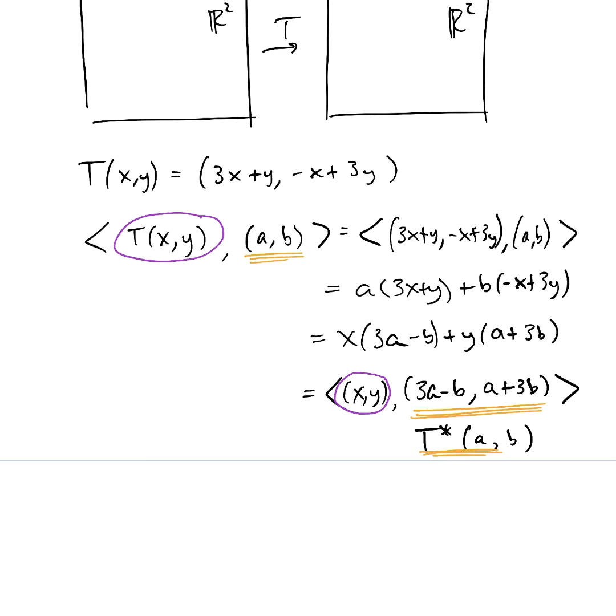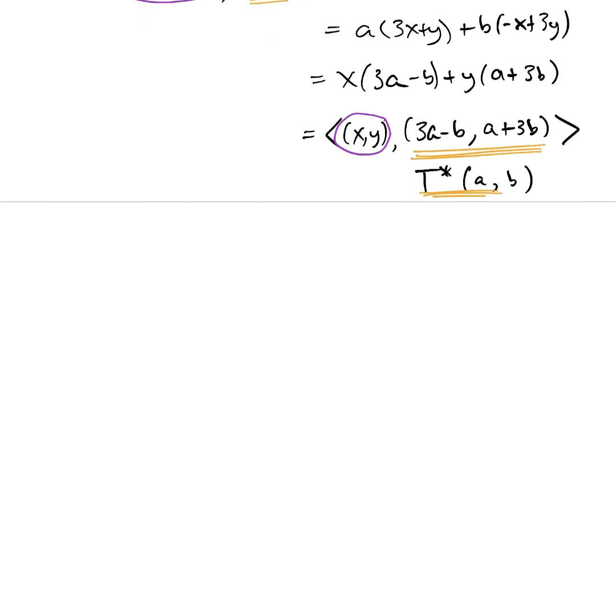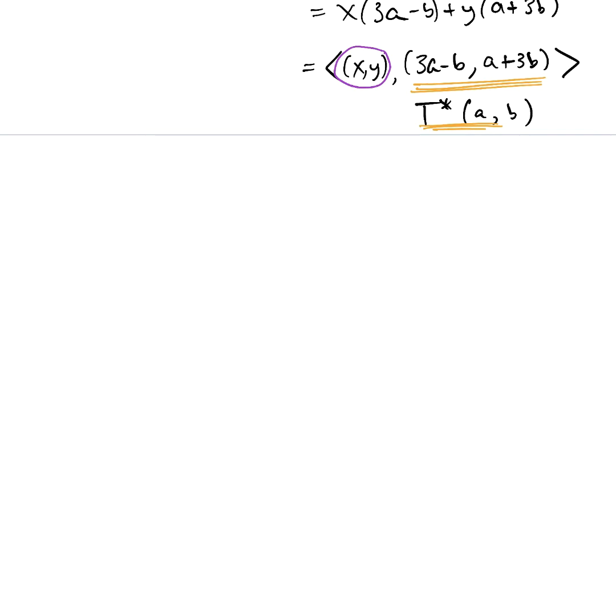Now, if you didn't want to go through that sort of mechanical process of figuring out what T star of (a,b) was, you also could think about the matrices for the mappings.